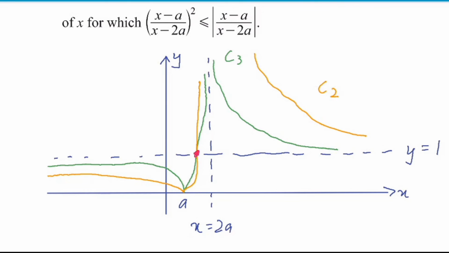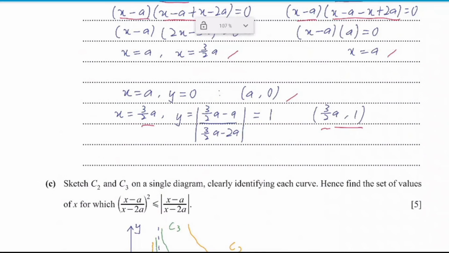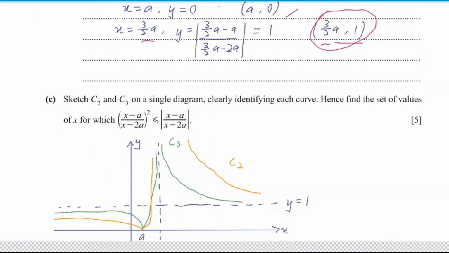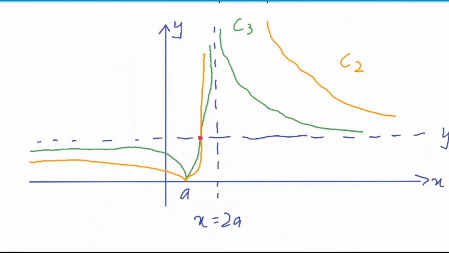So C2 should appear higher than C3 here, because what we are squaring is the value which is greater than 1. In the previous part of the question, they also gave us a hint already. So they should intersect at this point, which is 3 over 2a and then 1.